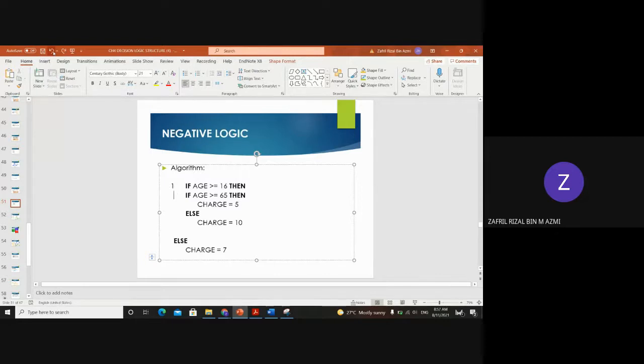Pula nak edit sini. This is line 1, line 2, line 3, line 4, line 5, line 6, line 7. So where should I put the new decision? In line what, class? 3.